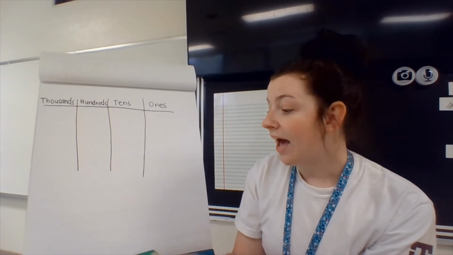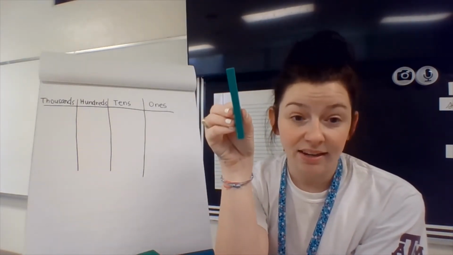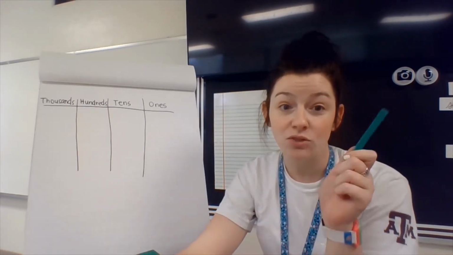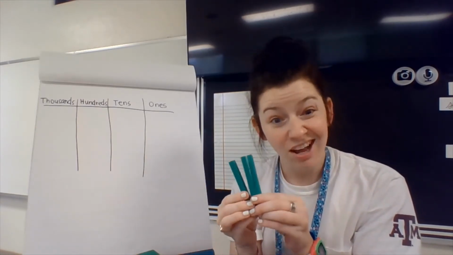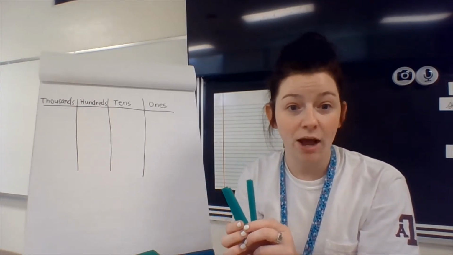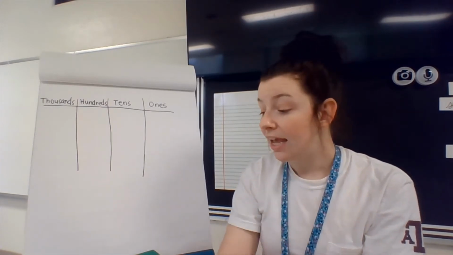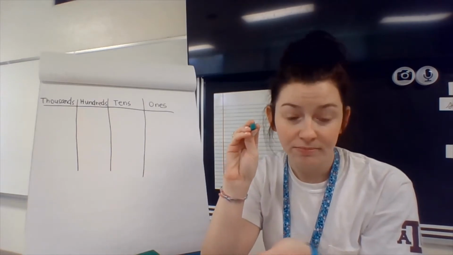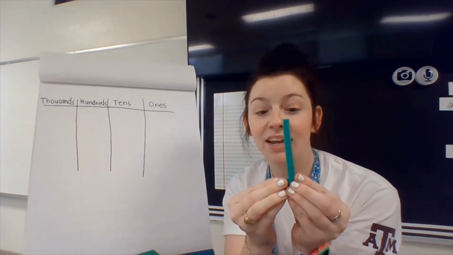Then we have tens. Now a 10 stick is worth 10. It's no longer worth 1, so I can't count these 1, 2, 3, because these are not 3 ones, these are 3 tens. So if I want to count 10 sticks, I count by tens. 10, 20, 30. If I put 10 1 units together, so if I have 10 ones, they equal the same as this 10 stick because I could count 10 of these.